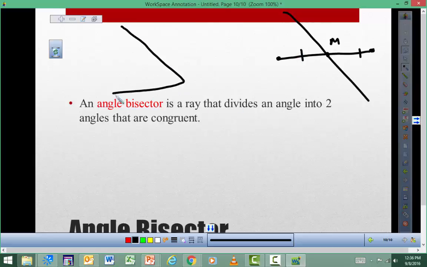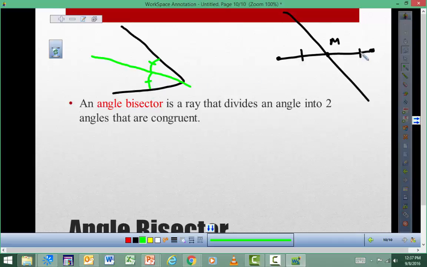If you have an angle like this, you have a bisector that comes right in through the middle. Bam. It cuts the angle right smack in half. And so the angles are going to be equal. And so to show that in the diagram, we used a single tick mark and a single tick mark here. Does that make sense? That's our little congruent symbol.